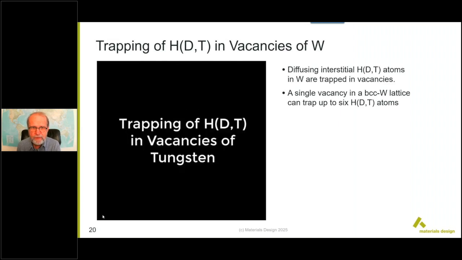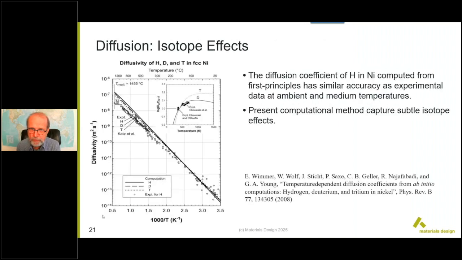Now, I mentioned diffusion. How accurately can we actually calculate diffusion coefficients? This is an early work done together with the Naval Nuclear Laboratory in the United States, where we looked at diffusion of hydrogen, deuterium, tritium in nickel.